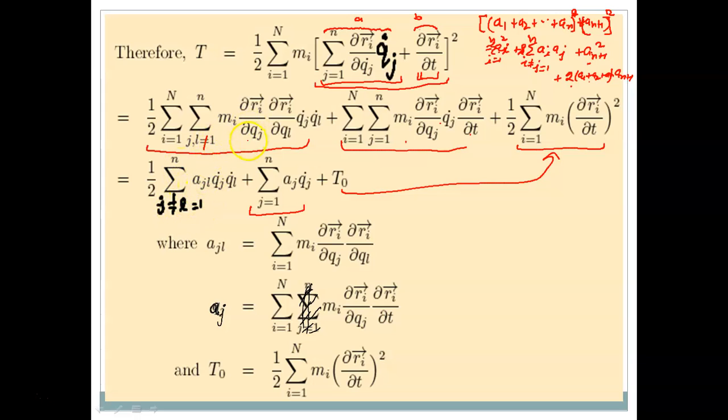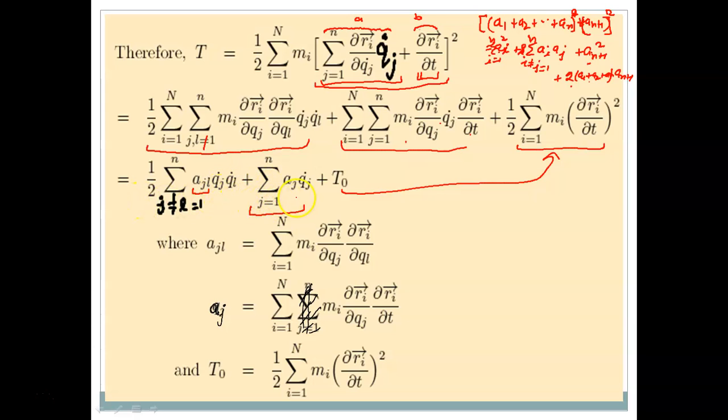So here in this part, del r_i by del q_j, del r_i by del q_l, we are denoting it by a_jl along with the summation i going from 1 to n. So these are the notations we are using over here, and with the help of these notations we are getting T equal to this quantity.